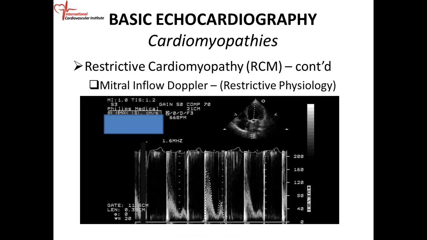And so it looks something like this. You get a big E, a small a, the deceleration time is very short, and your IVRT is also short. So this is the mitral inflow.